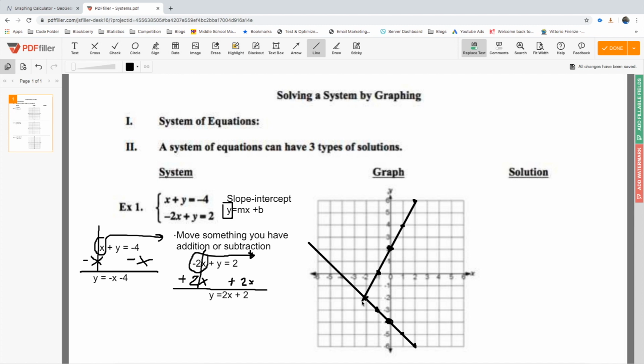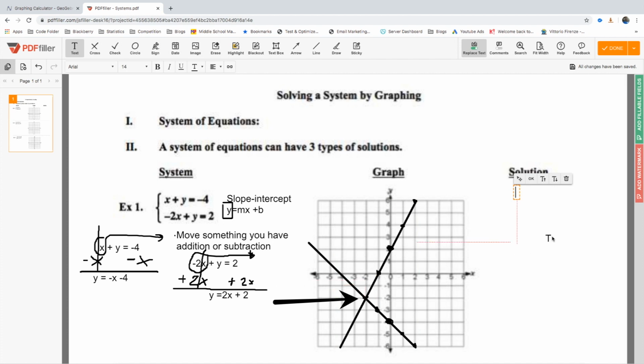All right. And it seemed like we're right there. Oh, let me move that point over a little bit. There we go. So great. Now I notice that I have two lines that intersect right here. So the only thing left for me to do is to tell you where they intersect. According to what I'm seeing, I see -2 and -2.